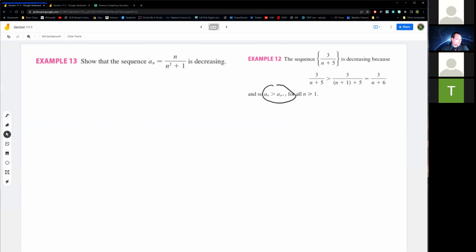Let's look at this one and figure out if we can decide that. So it says we want to show that this is decreasing. So I've got n over n squared plus 1 is greater than n plus 1 over n plus 1 squared plus 1.